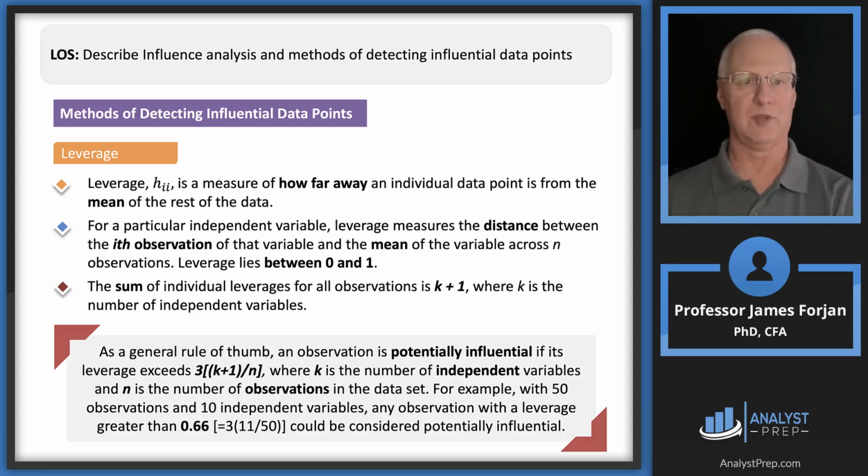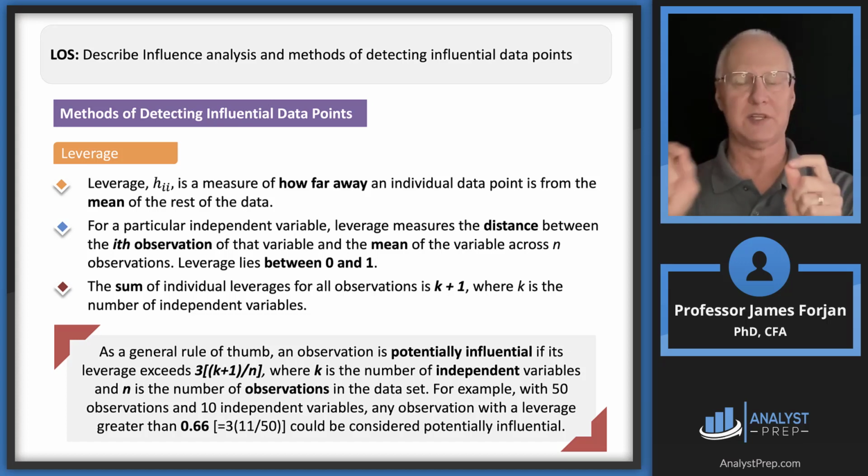Now, I found it interesting that the learning module did not include a formula for leverage. So I'm going to give you its input variables, and this may or may not help you answer a question on the exam. To compute this leverage, you start with 1 over n, where n is the number of observations, and then you add a ratio. In the numerator is y_i, each individual data point, minus y hat or y bar, either way you look at it.